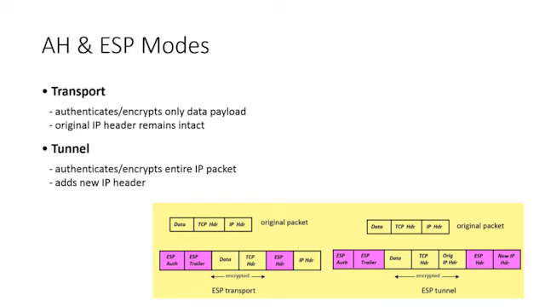And then we talked about those modes, right? I mentioned the modes, the tunnel mode and the transport mode. Now the transport mode authenticates and encrypts only the data payload. The original IP header remains intact. So if you have that networking background, you know that if the header remains intact and we start traversing over networks and start going through the internet, everybody can see that header information.